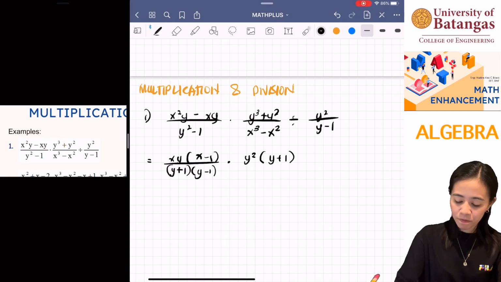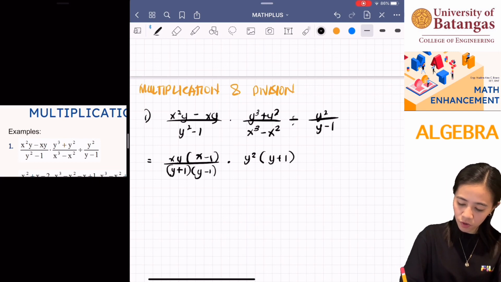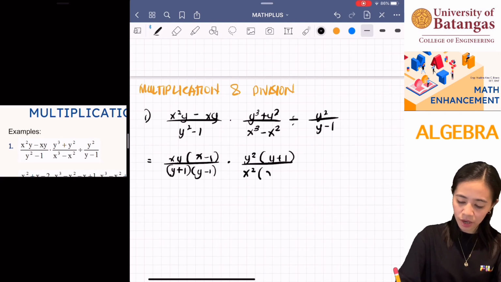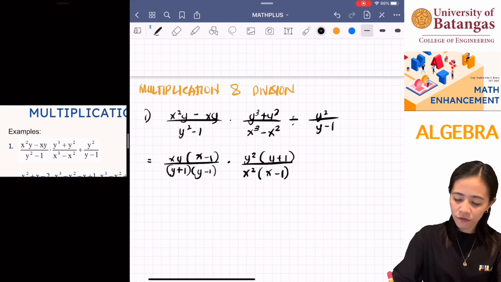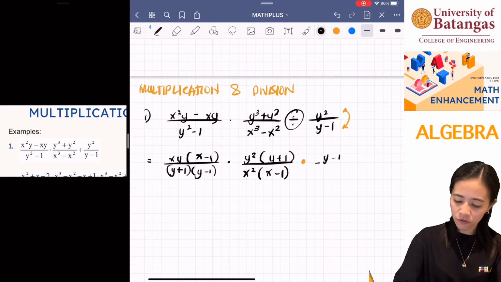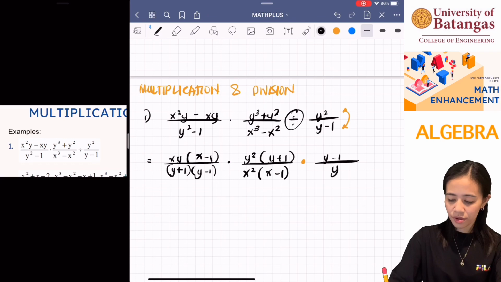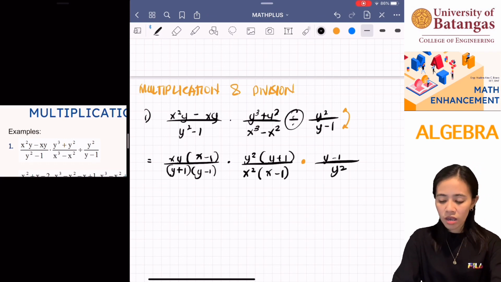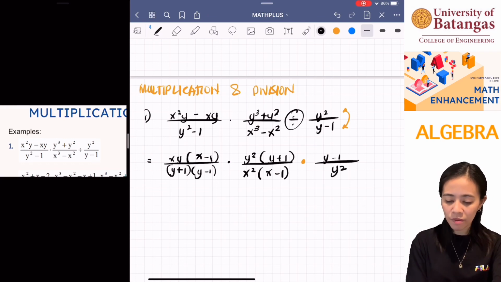Di ba? Okay. All over, common si x squared dito. So, that would be x minus 1. Okay. With division, I can replace this with multiplication, but I have to reciprocal this. So, ang mangyayari, you have y minus 1 sa numerator all over y squared. Okay, and this is easier kasi kita mo na agad. With multiplication, multiply mo lang.